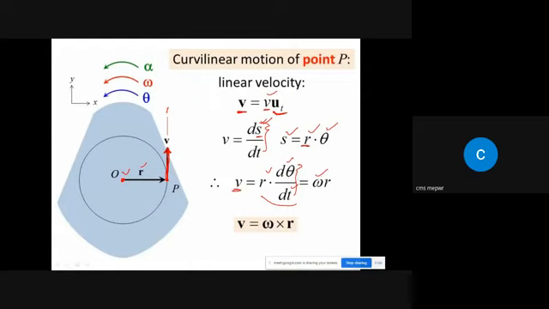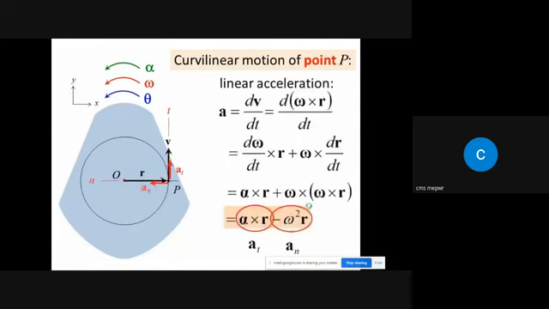So this is a very famous equation which we know, v is equal to r omega, v is equal to omega r. That gives us the relationship between linear velocity and angular velocity. If you want to write it in vector form, v is equal to angular velocity cross product with the position vector r.